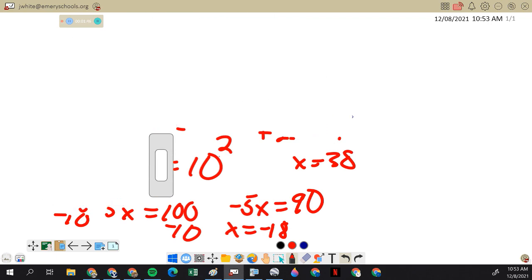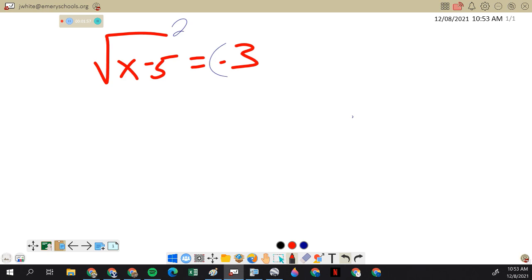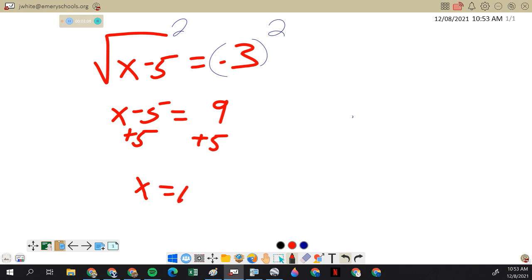Okay, let's do another one. Square root of x minus 5 equals negative 3. Square both sides, and I get x minus 5 equals 9. Then I add the 5, and I get x equals 14.